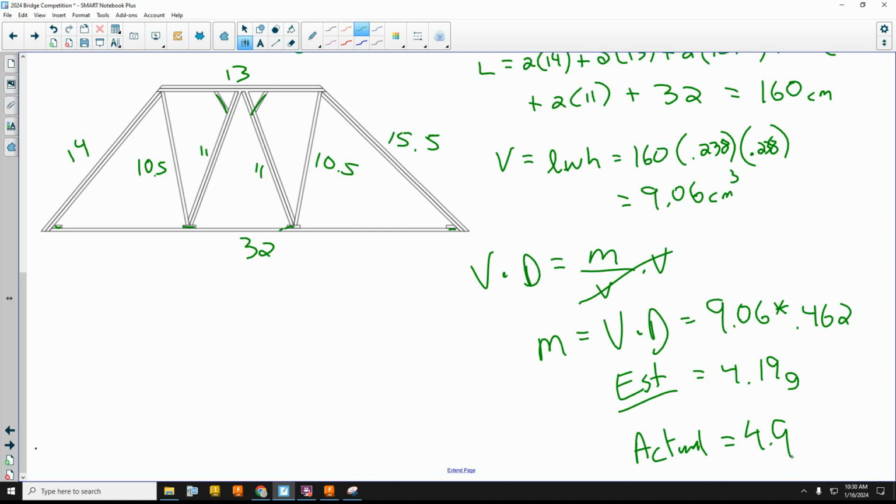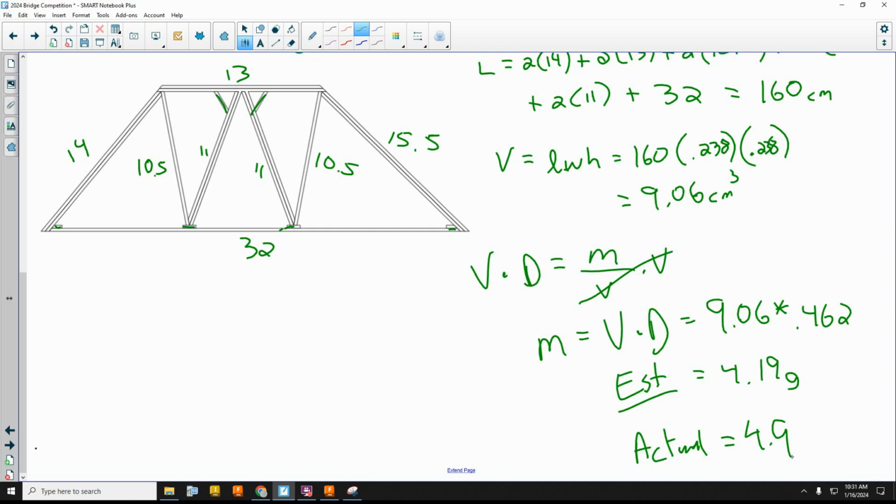If you use too much glue, I think I talked about this the other day, your bridge will weigh 35 grams because you got gobs and gobs of glue on. It'll be way overweight. The other thing to note on those gussets, I lost about an entire gram of weight off the truss by sanding the gussets down. That's a significant amount by sanding the gussets down to less thickness.